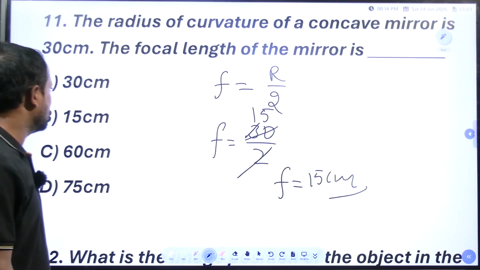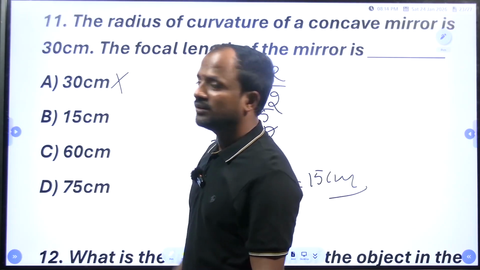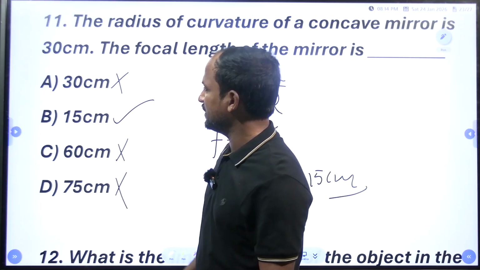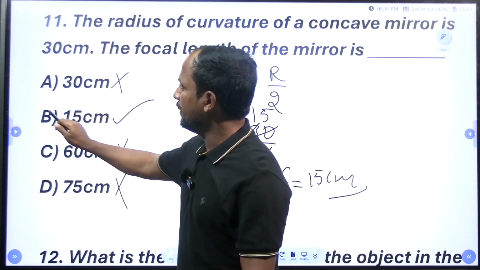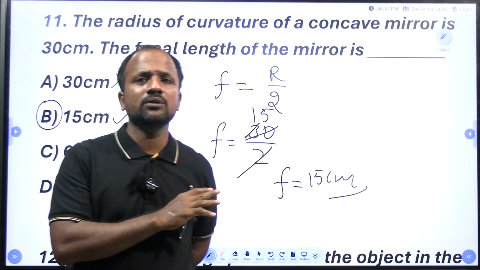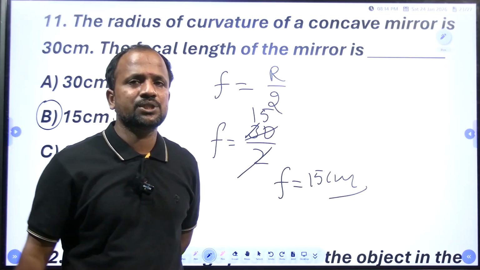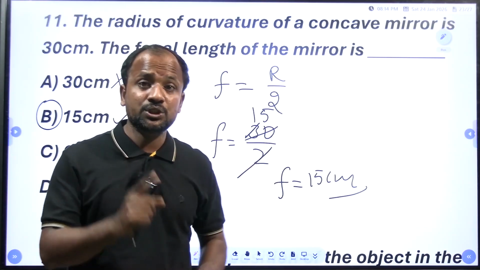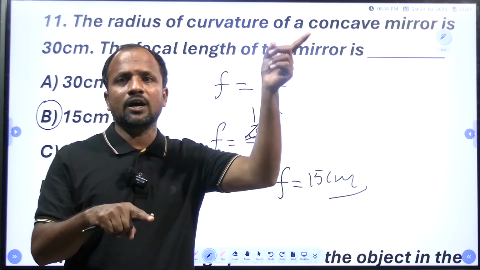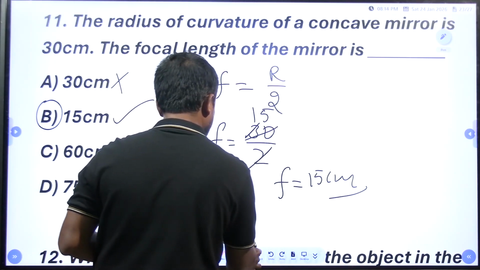Once check the options: 30 centimeters wrong, 15 centimeters, 60 centimeters, 75 centimeters. So option B is the correct answer. You have to remember the formula: radius is equal to 2 into F, or reverse, F is equal to R by 2, half of the radius. So next question.